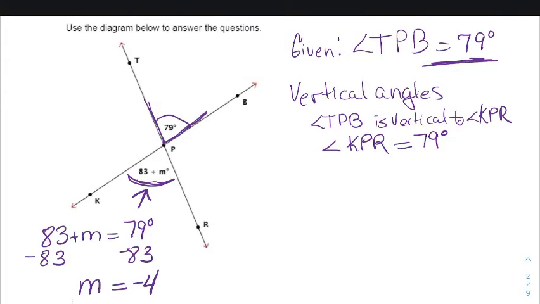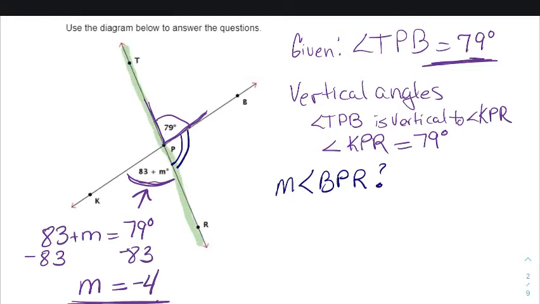We now know that that much information is true, but what if it was asking us to identify, let's say, the measurement of the angle BPR? So the first thing we need to recognize is that we have a linear pair. So if we look at the angle here, the angle TPB is a linear pair to the angle BPR.